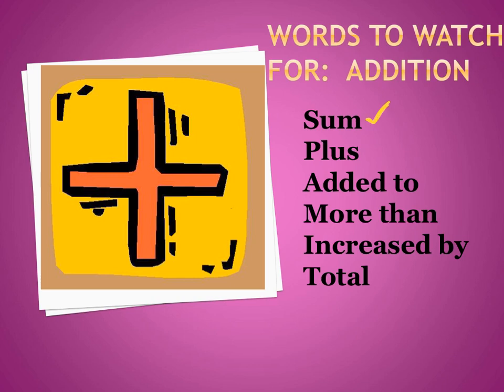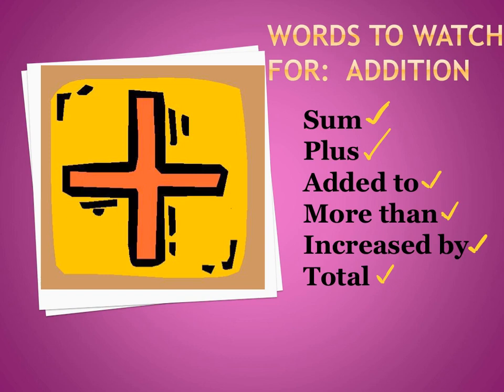Or it could say plus, okay? Or it could say added to, all right? It could say more than. It could say increased by. Or it could say the total is, okay? Those are all words that as you are looking at expressions would mean to add things together, okay?